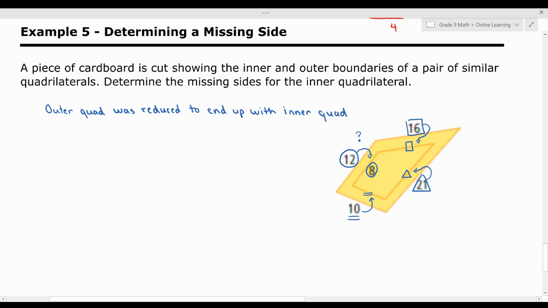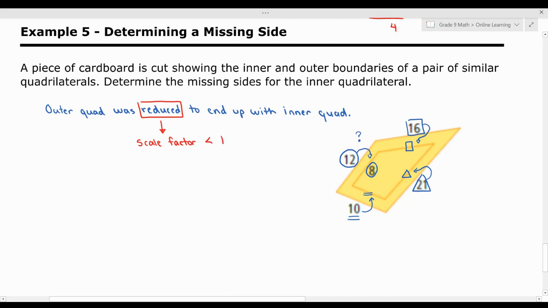Okay, I'm saying quad just so I don't have to write out quadrilateral, save some time for you. So the outer quadrilateral was reduced to end up with the inner quadrilateral. Reason why that's important is if it's been reduced, okay, so this is tying back to the first section of this unit. If it's reduced, then I must have had some scale factor, and it had to be less than 1.